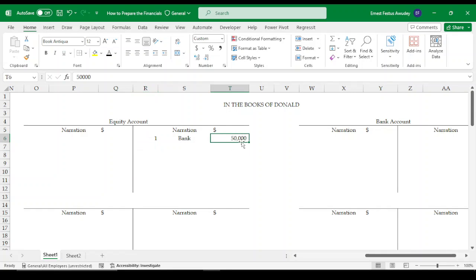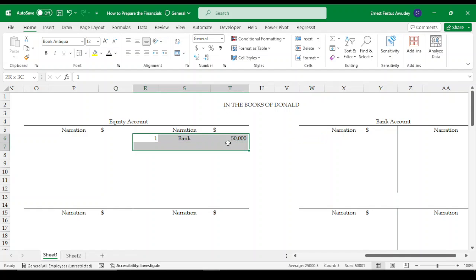Since we have formatted this, it has formatted correctly for us, and that is fine. All right. Now, this has been recorded at the credit side. Therefore, the corresponding entry is going to be debited, and we know that the corresponding entry is going into the bank account. So that is how you do it. I'll come here. This is my bank account. I'll come to the debit side.